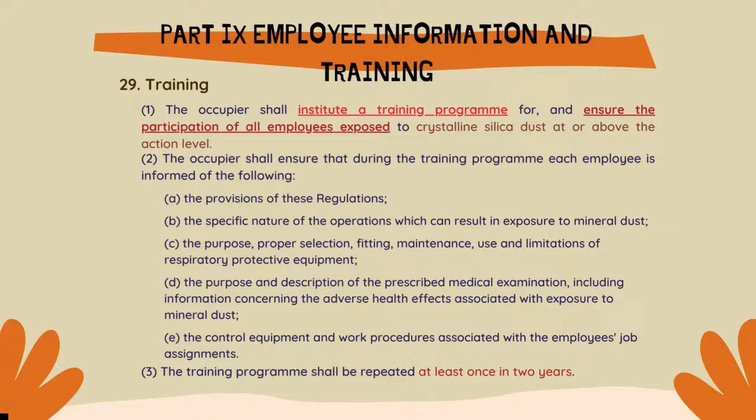C. The purpose, proper selection, fitting, maintenance, use, and limitations of respiratory protective equipment. D. The purpose and description of the prescribed medical examination. E. Control equipment and work procedures associated with the employee's job. And third, the training program shall be repeated at least once in 2 years.